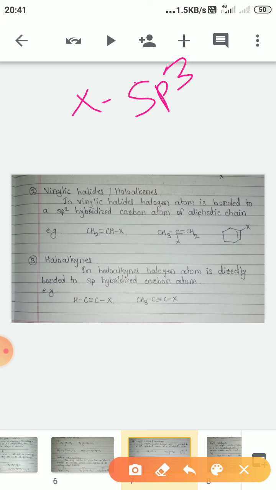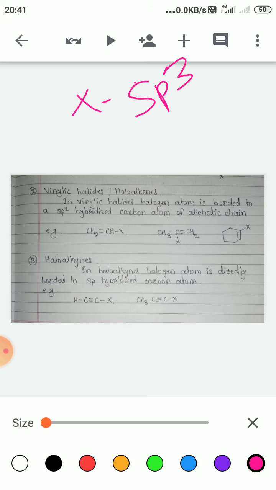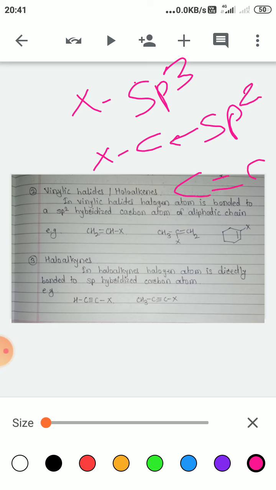Now the second one we are going to see is vinyl halides. These vinyl halides are nothing but haloalkenes. That means the halogen atom is attached to a carbon atom which is sp2 hybridized, that is, a double bonded carbon atom.